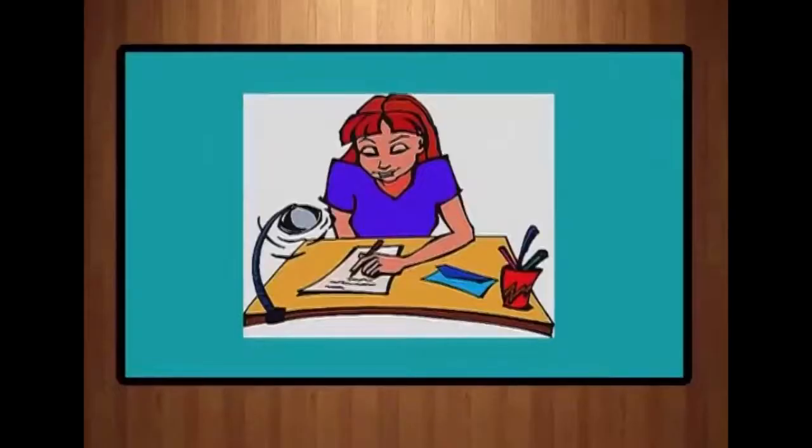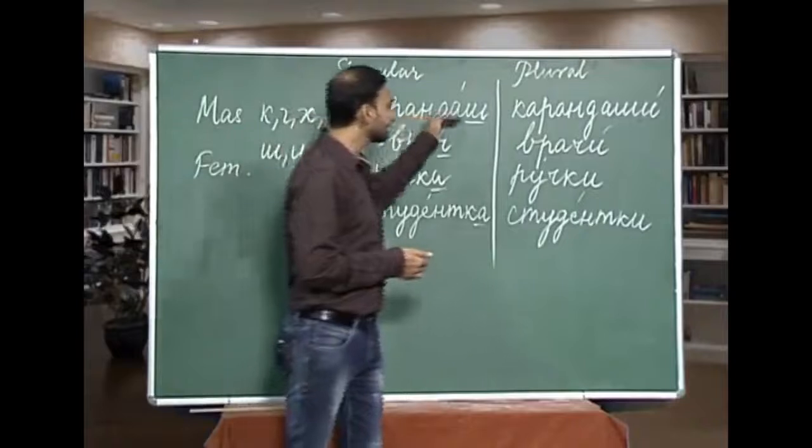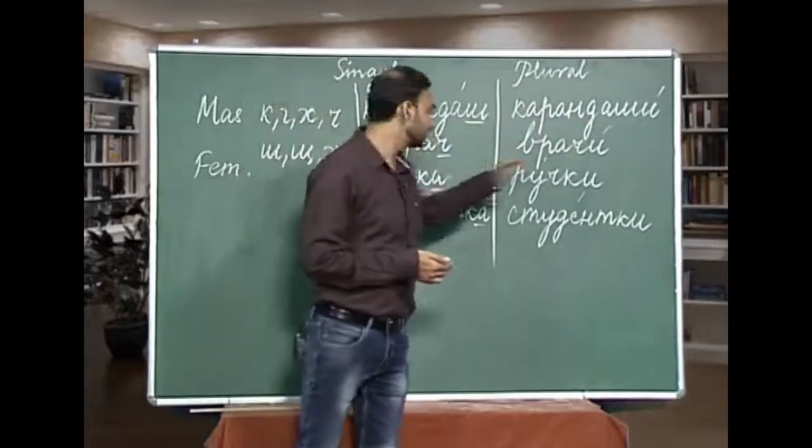The next noun is studentka, a female student. Again the same rule will follow here. Studentki. So, plural of studentka will be studentki. Let us revise it once again. Karandash, karandashi. Vrach, vrachi.